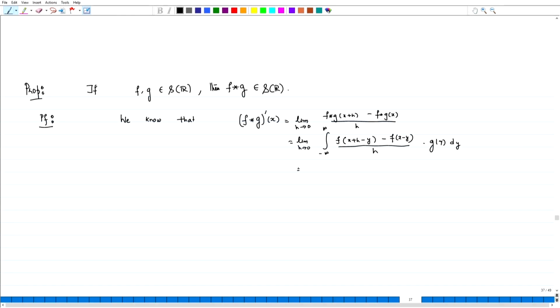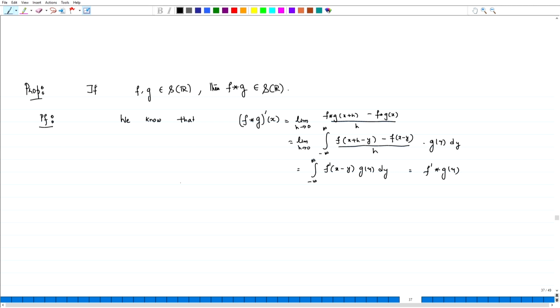For the convergence you can break it into |x| less than n and |x| greater than n, the same argument. So, this tells us that this is the integral of f'(x - y) g(y) dy, which is equal to f' convolution g.